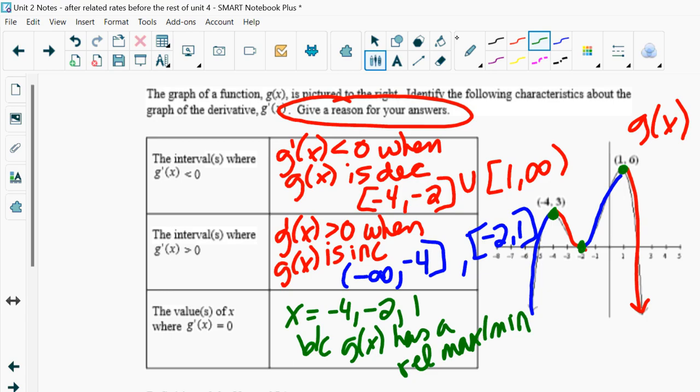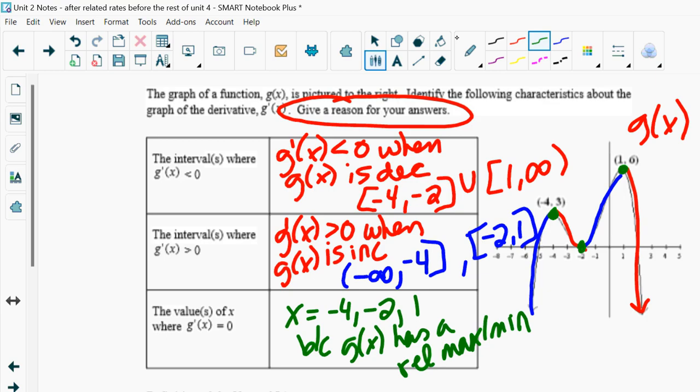You could be extra wordy and say that's where g of x changes from increasing to decreasing or decreasing to increasing, but that is the definition of a relative max or min, so you can say that too. This is true for every graph, okay? So making sure that we know negative derivative, the function is decreasing. Positive derivative, the function is increasing. Zero derivative, max or min.